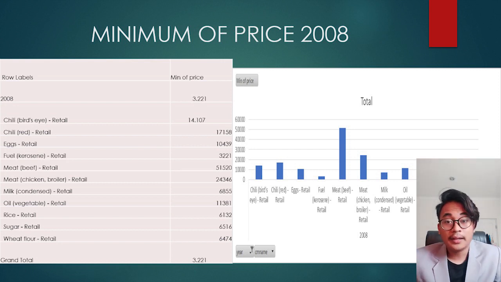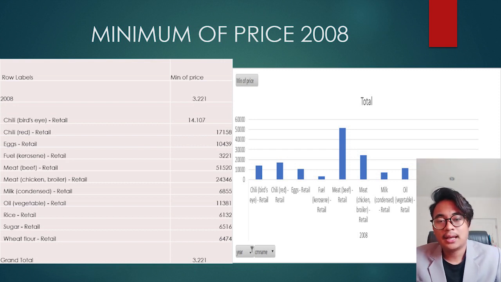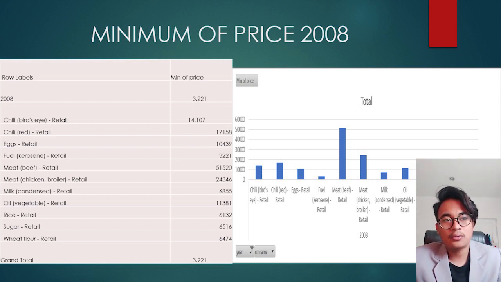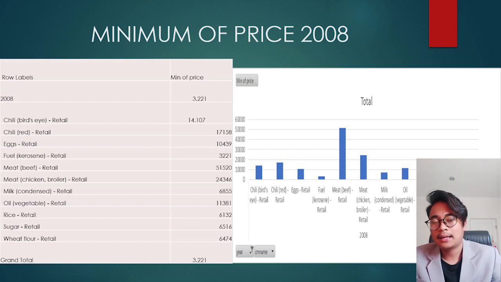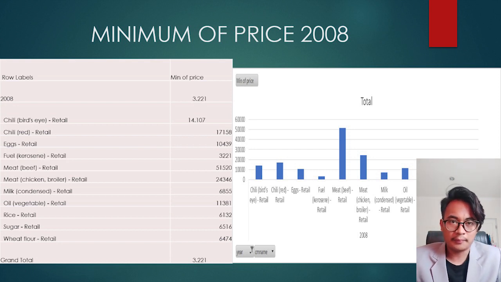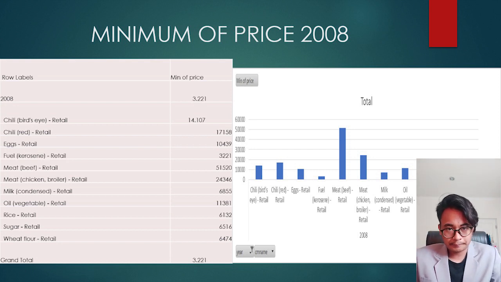Thank you. So in slide 15, I would like to talk about the minimum price in 2008. To find the minimum price, first select a cell below or to the right of the numbers from which you want to find the smallest number. Then on the home tab in the editing group, click the arrow next to auto sum, click min or max, and press enter, and finally you can find your minimum number.